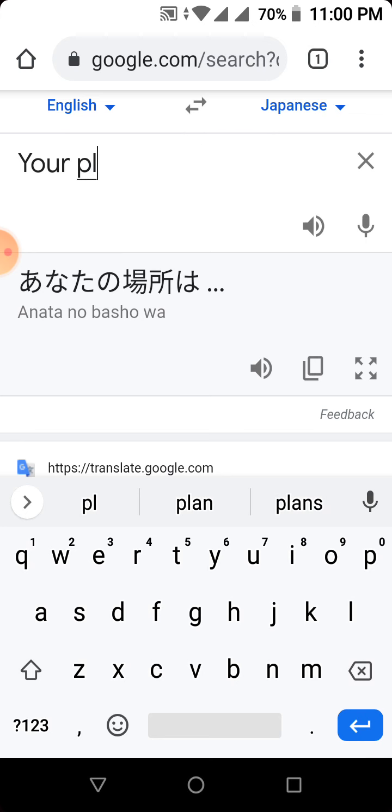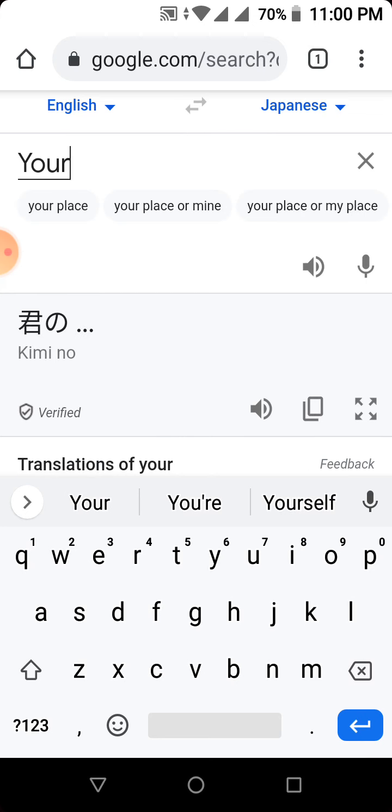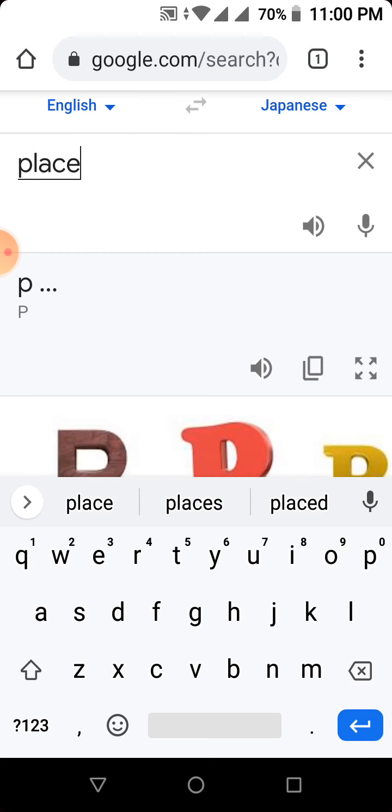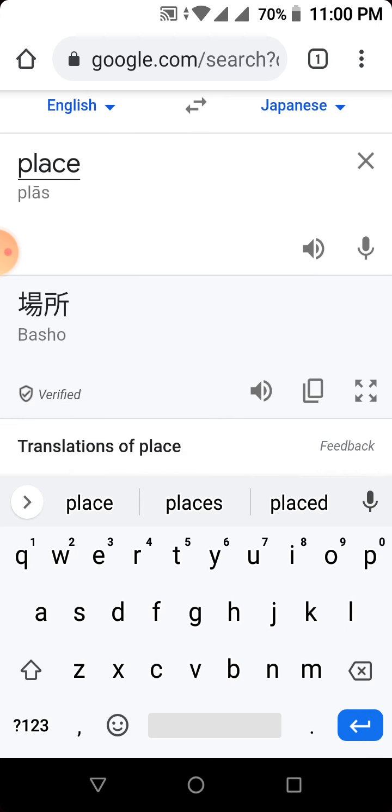Let's translate it again one by one. So after writing it down, guys, move on to our next process. You need to type your, and it comes out to be Kimino. Then place, it's basho.